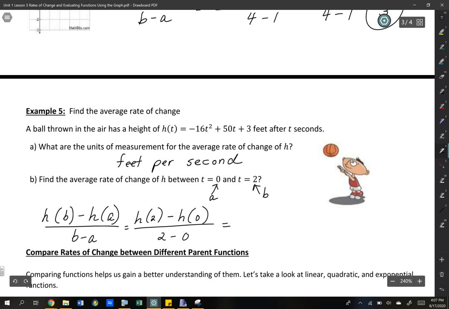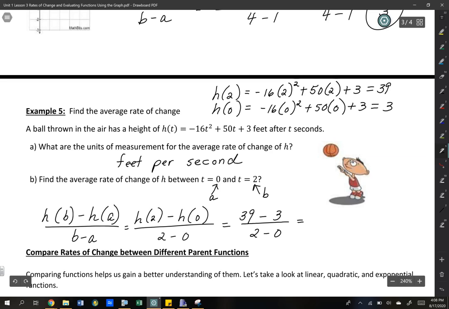What we need to do is put 2 into this function. So for example, what's h of 2? Well, we'd substitute 2 everywhere where we see t, and we do the math on that. Then we end up with 36 over 2, which gives us 18 feet per second.